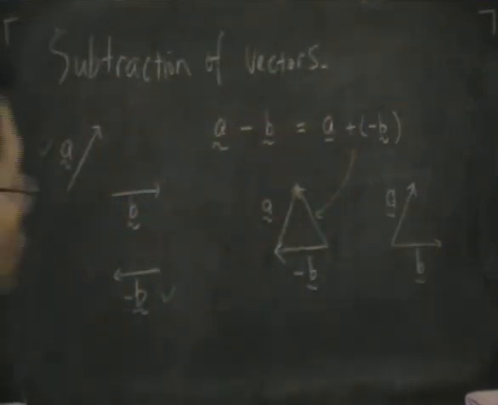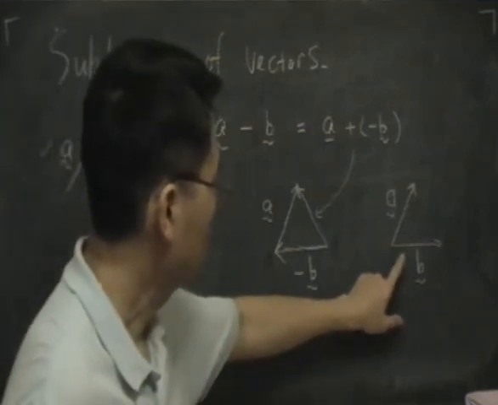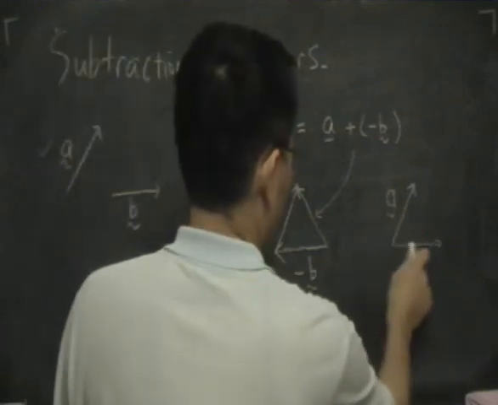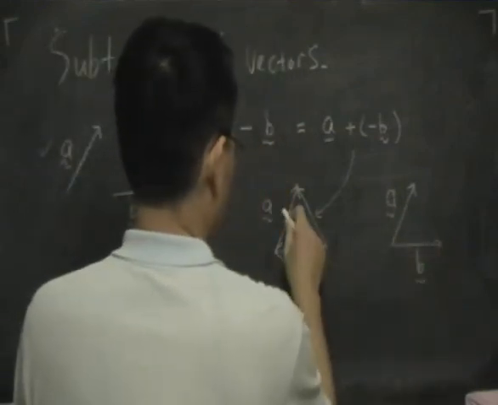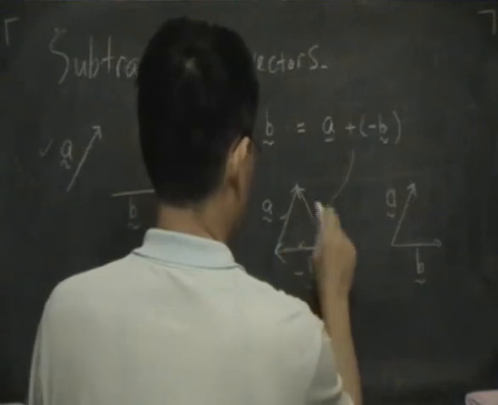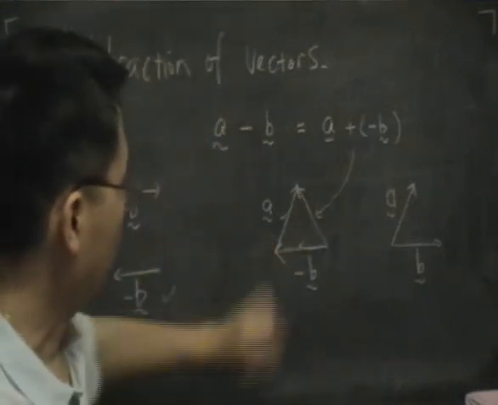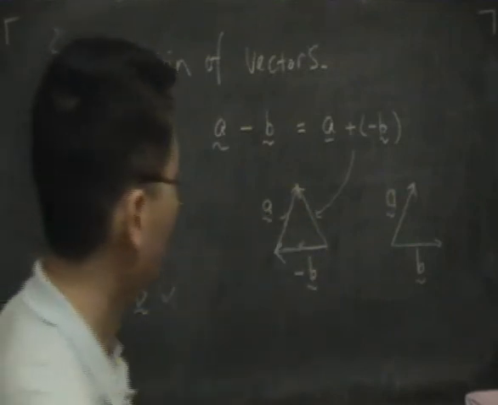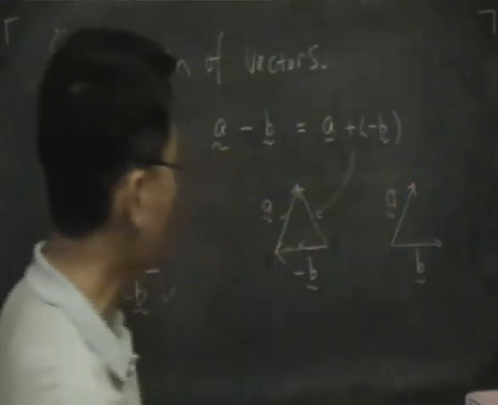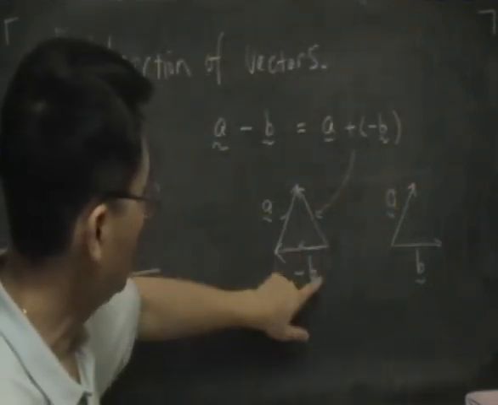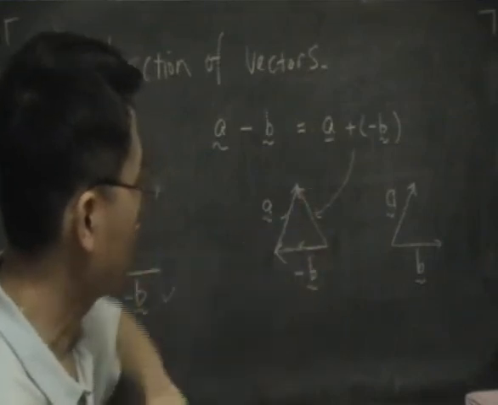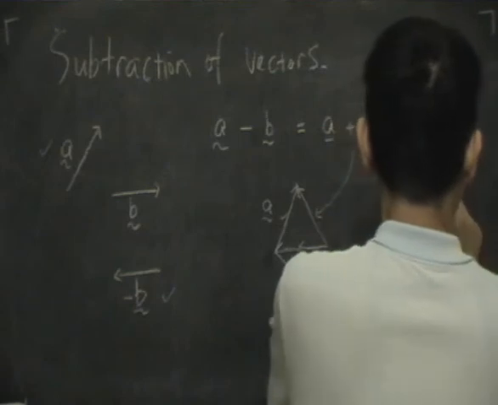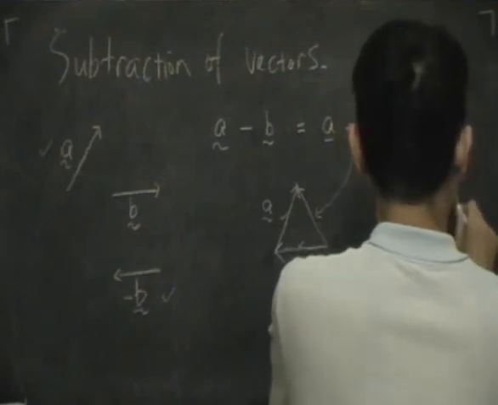Now if you look at this and this, you see that they are just this side and this side of the triangle. So all we really need is to find the third side of this triangle. And if you look at this arrow that I've just drawn, it is pointing from B to A, like that. So that's A minus B.